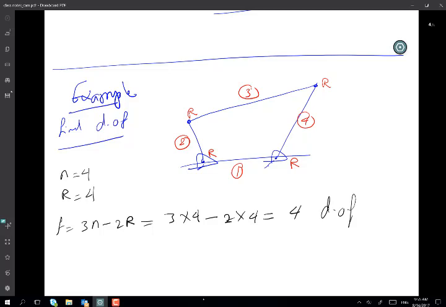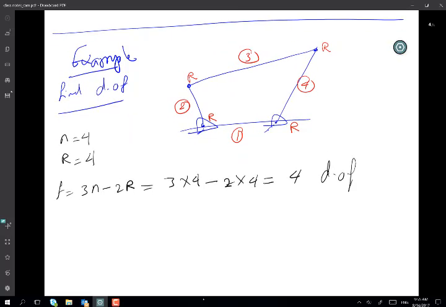Well, I tell you now, and it makes sense, this linkage has a single degree of freedom. You only need one motor to drive it. You don't need 4. So this means my equation needs to be modified. It doesn't encompass every aspect I have in the linkage.